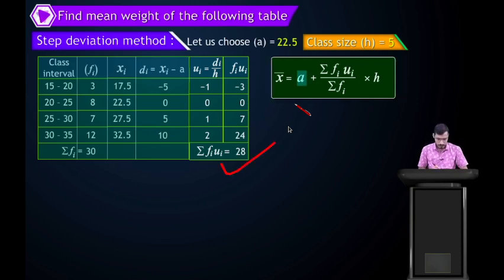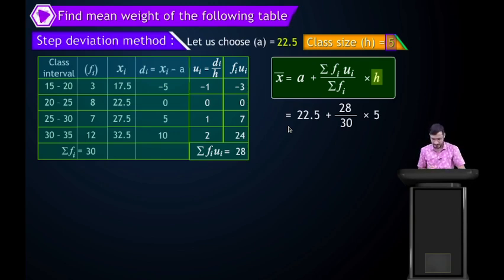So sigma fi ui is equal to 28 here, and the formula is x bar is equal to a plus sigma fi ui divided by sigma fi, into h. Now substitute all values. First we substitute a, that is 22.5, then sigma fi ui, that is 28, then sigma f, that is 30, and into h, where h is the class size, which is 5 here.